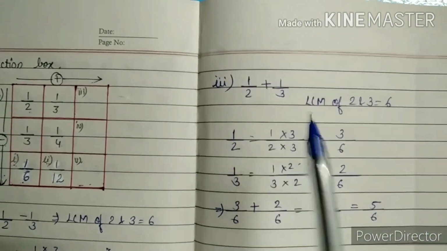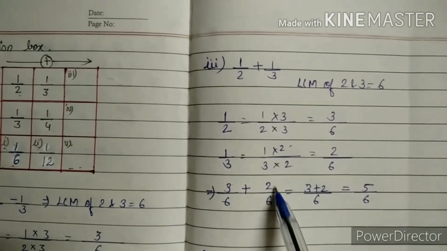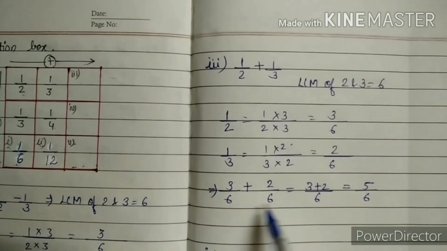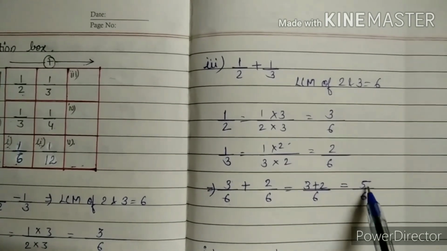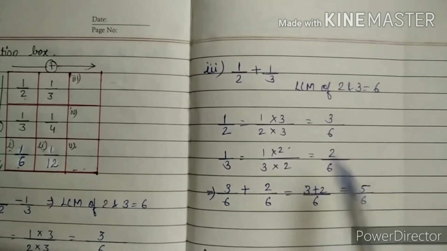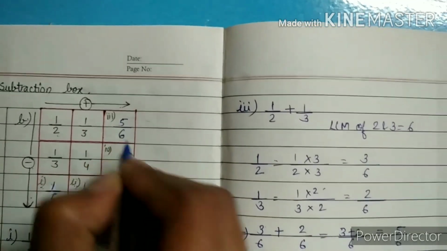So 1 by 2 is changed to 3 by 6 and 1 by 3 is changed to 2 by 6. Now the denominator is the same, so it will come only one time. 3 plus 2 is 5. 5 by 6 is the value of the third. So here 5 by 6.